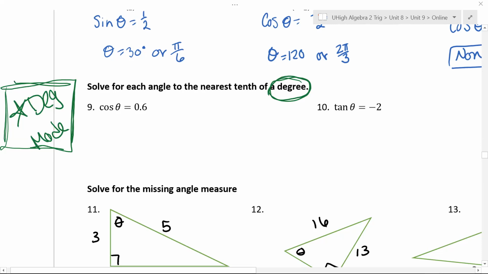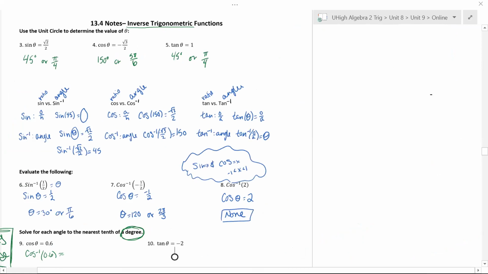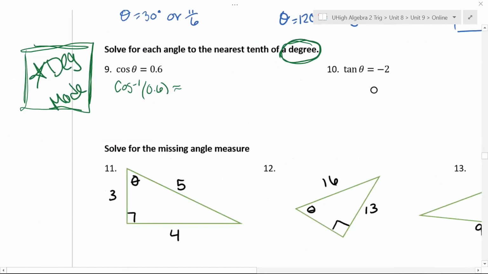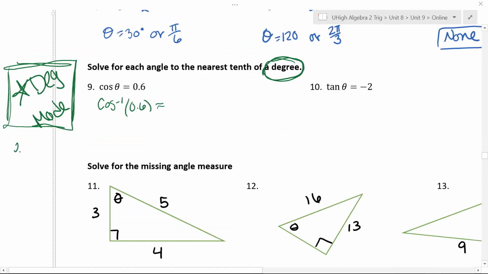Okay, so first thing, if I'm looking for an angle, I'm going to convert this to my inverse cosine. The inverse cosine of 0.6 equals something. On your calculator, you are going to do second, and then hit your cosine button.